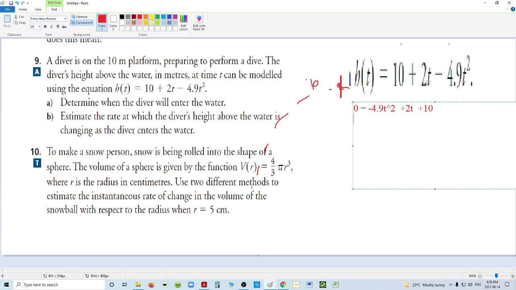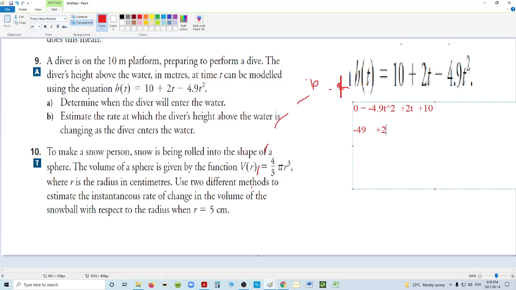We can factor, but essentially we want to find two numbers, and we're probably going to have to use the quadratic equation for this. We're essentially going to have to find two numbers that multiply out to negative 49 and add up to plus 2.